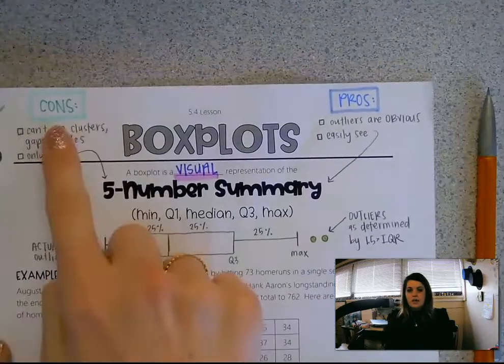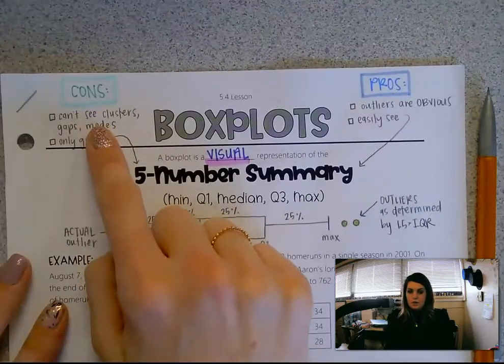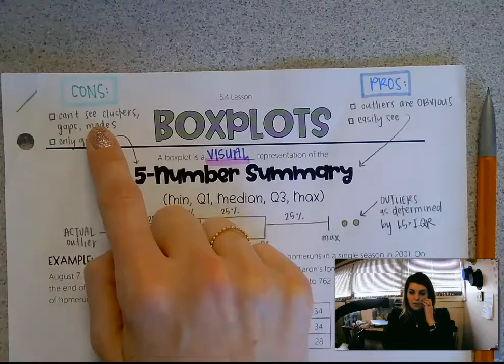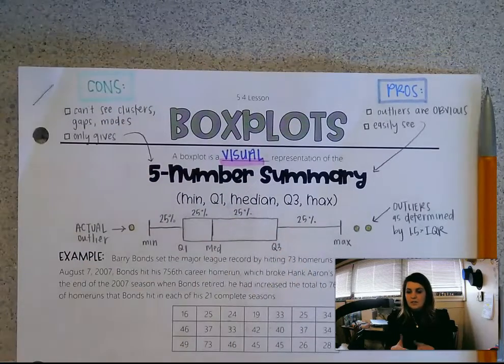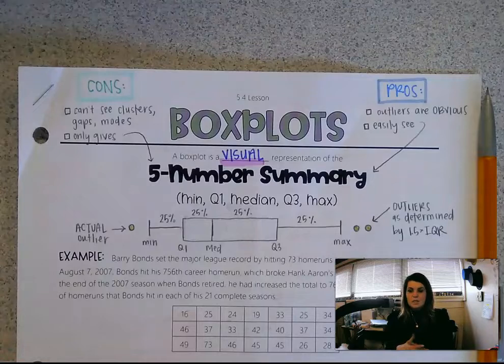So this leads to the cons that hopefully you wrote down on the front of your note sheet, that one of the downfalls or the disadvantages to a box plot is that there's some things about a distribution that you can't see, like clusters, gaps, and modes. Sometimes you can see the gap, but if it's in the middle of the data, you won't see the gap.